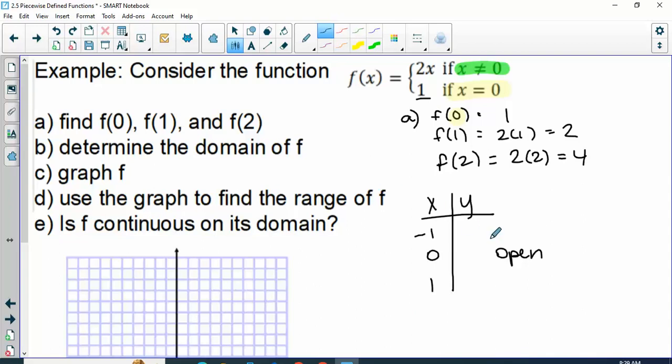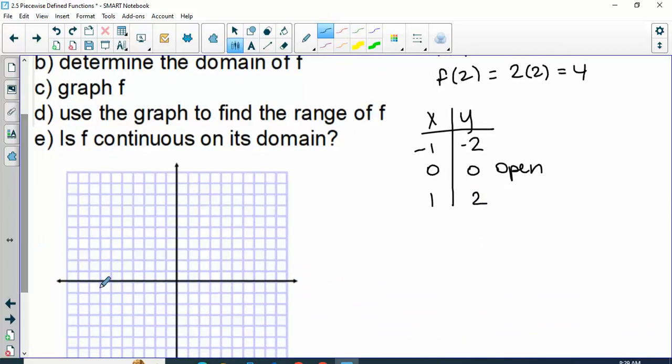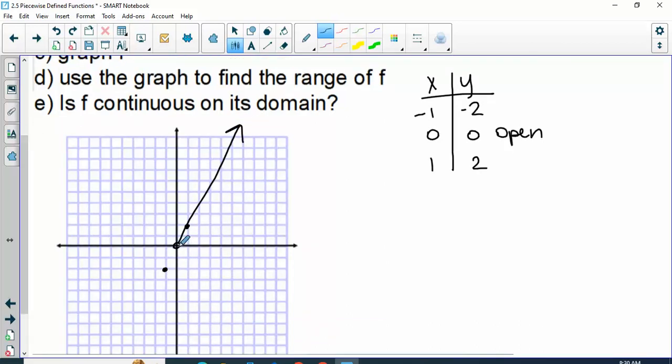So if I put in -1, 2 times -1 is -2. Put in a 0, 2 times 0 is 0. Put in a 1, 2 times 1 is 2. So -1, -2 is a point. 0, 0 is open. 1, 2 is a point. And this keeps going both directions. So what we're getting is a line that has an open circle in the middle.